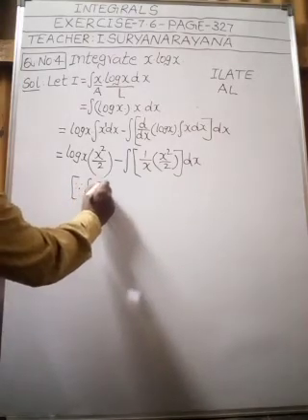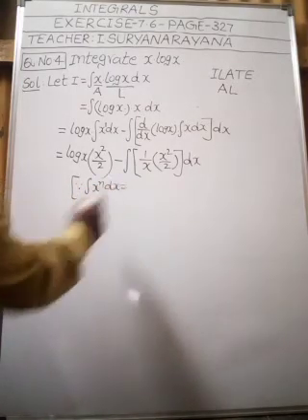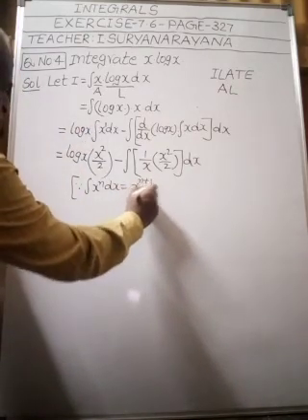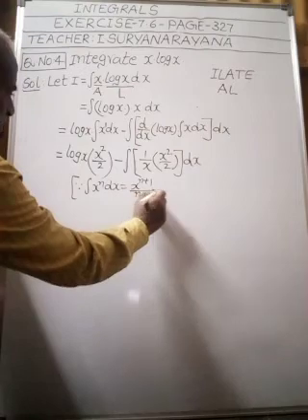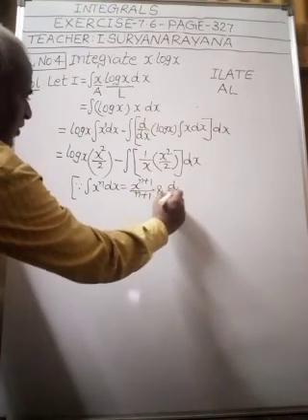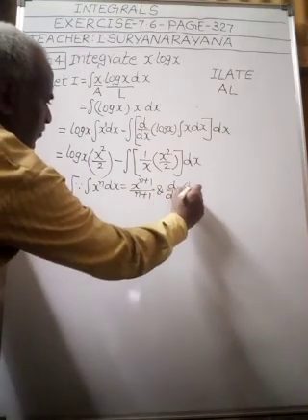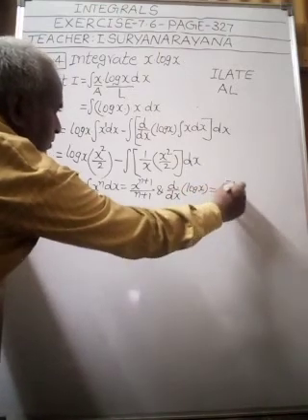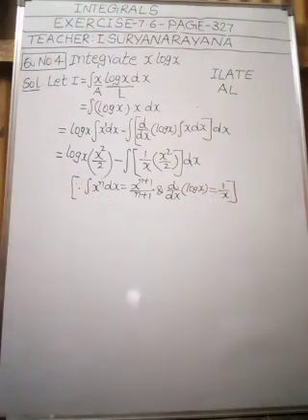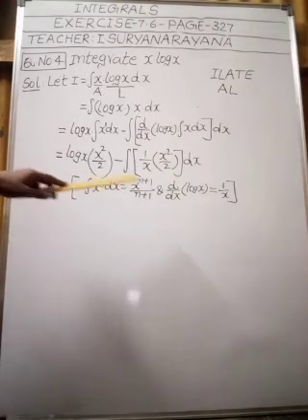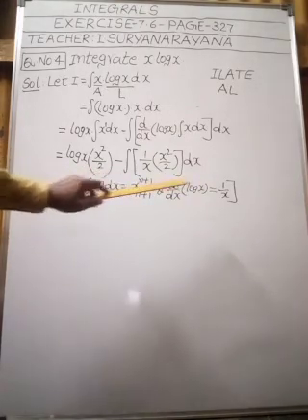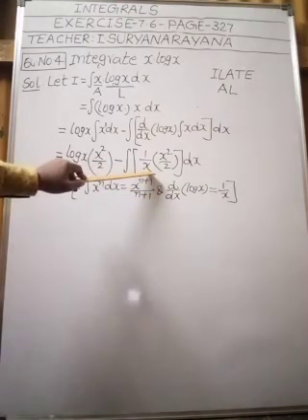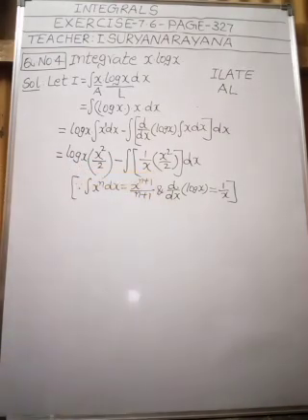Integral x power n dx, where n is equal to 1, x power n plus 1 by n plus 1, and the differentiation formula d by dx of log x is equal to 1 by x. We used this integration formula and differentiation formula. We use these two formulas to write this step. Okay, my children? Understood? Right.